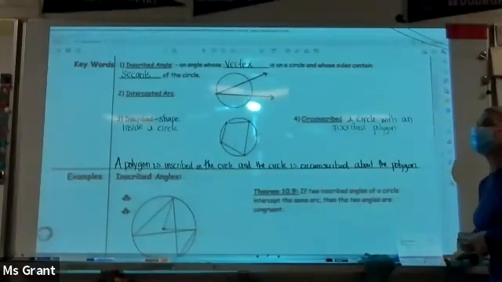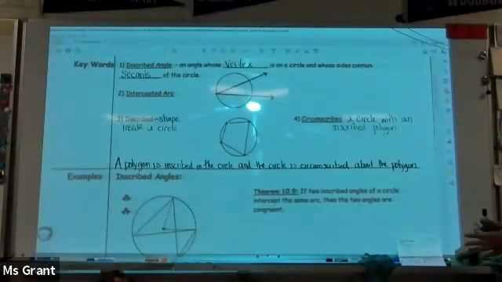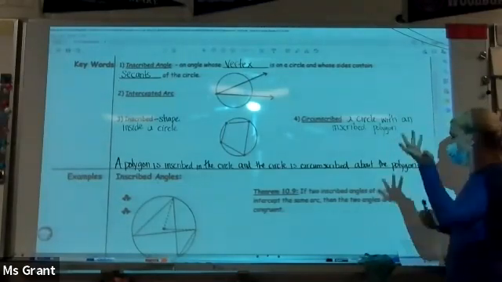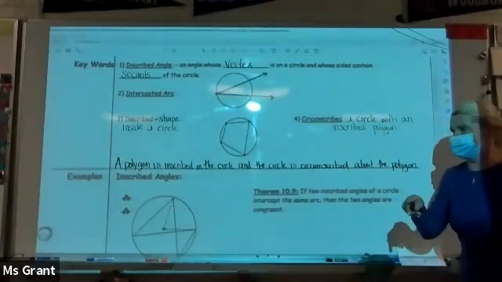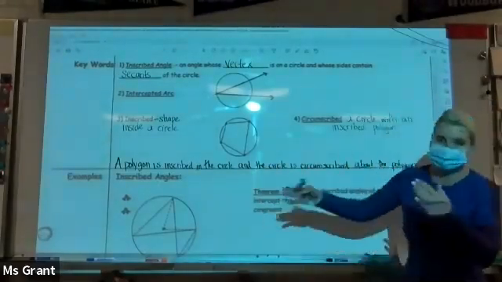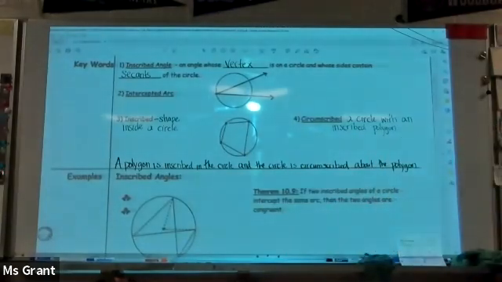A polygon is inscribed in the circle, and the circle is circumscribed around the polygon. So the circle is around the polygon, and the polygon is inside the circle. It means the same thing. It's all pretty easy.